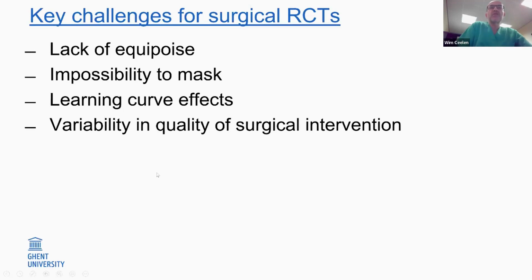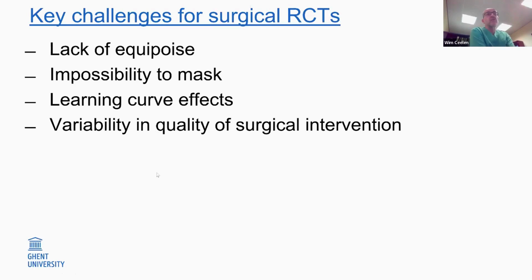So specifically for surgical randomized trials, the key challenges are the perceived lack of equipoise. If you organize a trial where a medical or drug treatment is compared to a surgical treatment, it's sometimes difficult to convince the patient or the participating surgeons that there really is equipoise. Equipoise means that there's a real existing uncertainty about which treatment is the best.